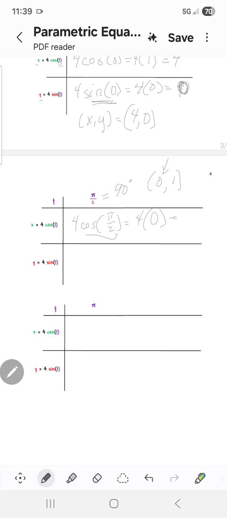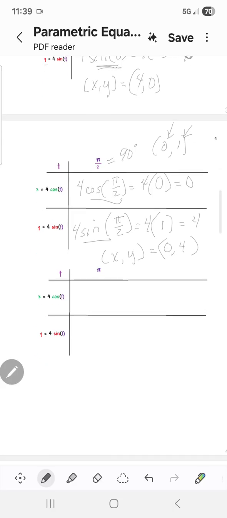The x is 0, so that's a 0. Here I've got 4 sine of pi over 2. 4 times sine is the y, so it's 1, so that's a 4. So that means that my x, y here is 0, 4.